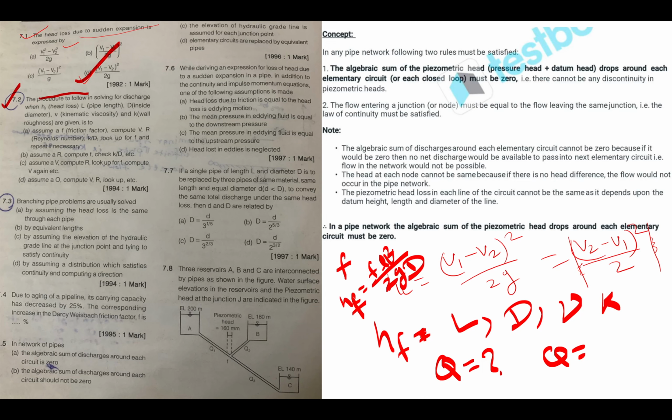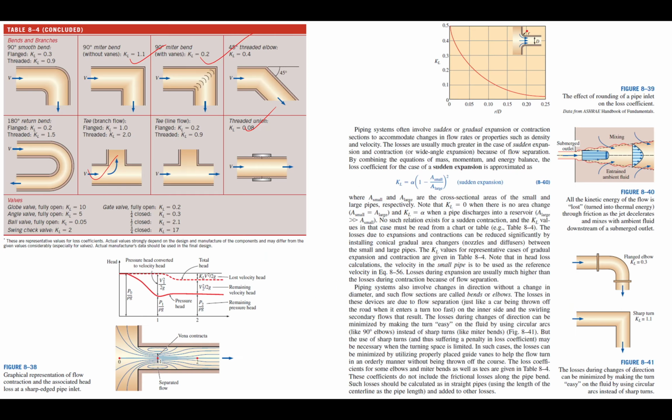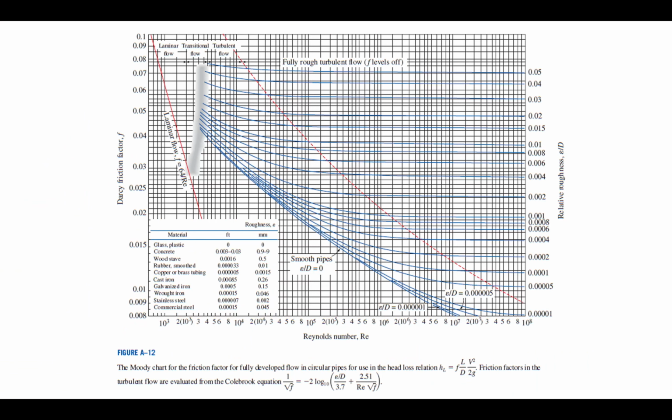And the Reynolds number. You know the Moody diagram from here, and this side is E by D, that is the relative roughness. What is E by D? You just see here, the relative roughness.